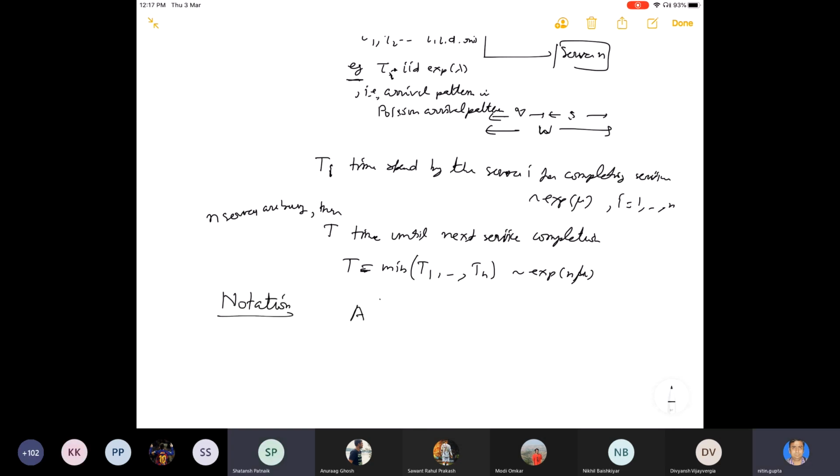Then what is the notation? Notation is A, B, and C. A is basically denoting the inter-arrival time distribution. B denotes the service time distribution.